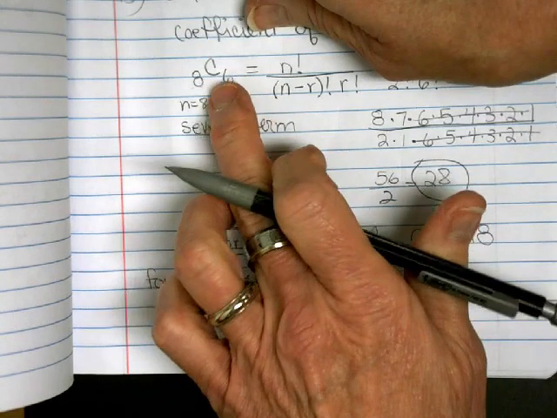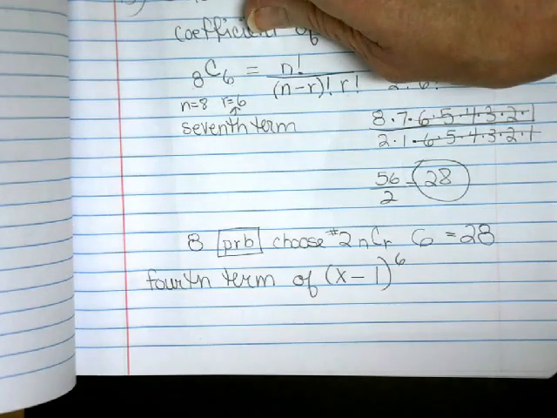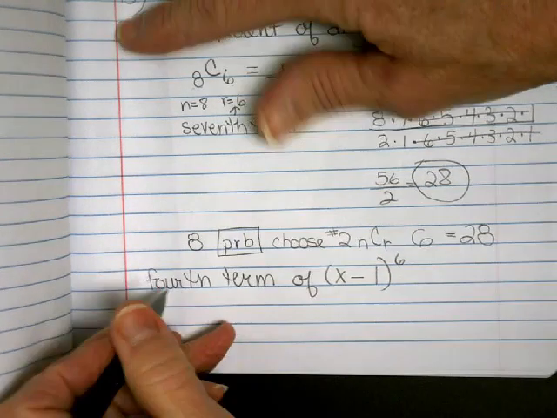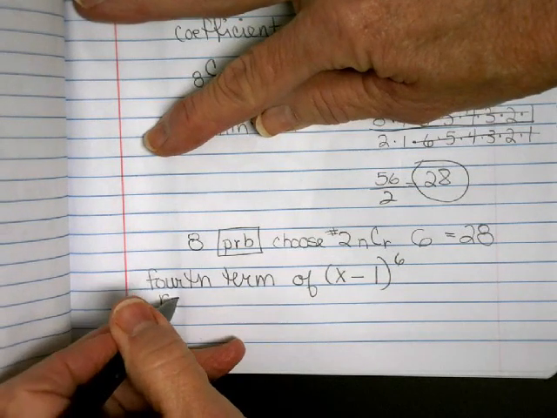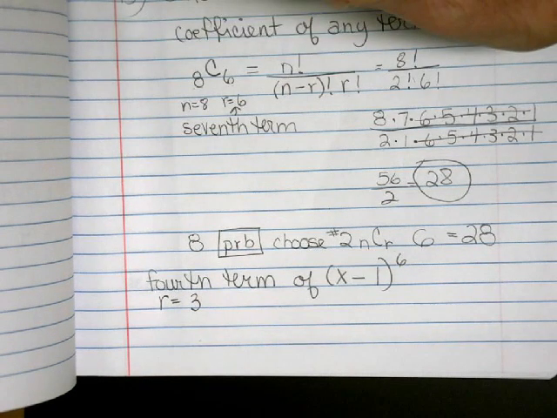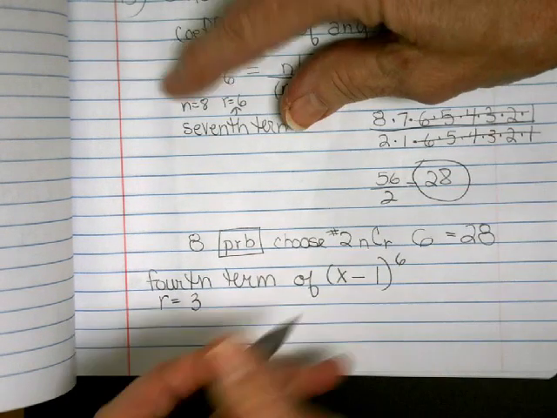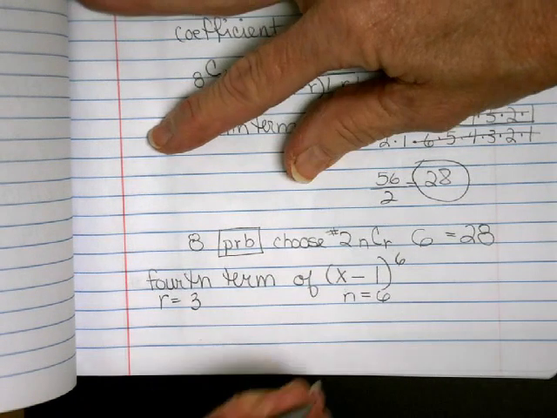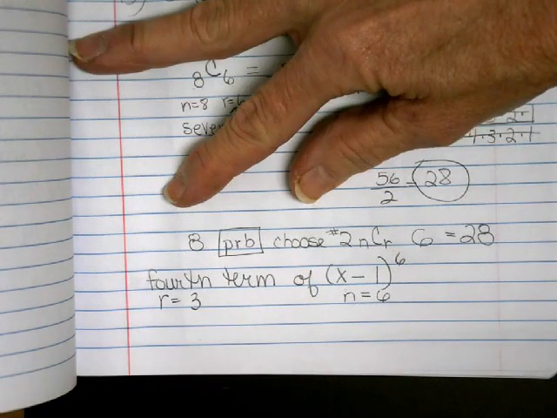So you get your pieces and parts. You use your little combination button on your calculator, or you can count over on your Pascal's triangle, whatever you want to do. 4th term means r is 3. That's what we use in the formula, because we start counting at 0. My n is 6.